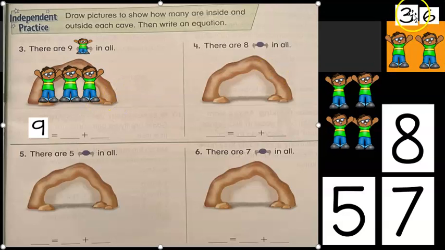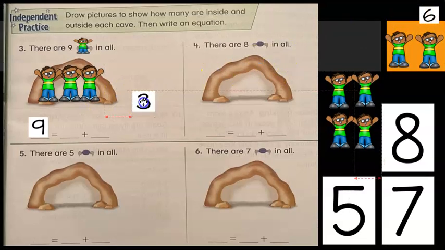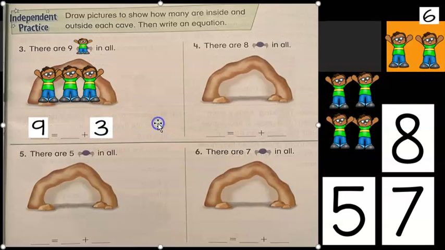So, watch. Mr. Begay is going to grab that number 3. I'm going to put it here now, okay? Because look. 1, 2, 3. There's 3 boys inside the cave now. We have to put 3 here. But look, we're not done. There's a number that needs to go here. The rest of the boys need to go on the outside now, okay?